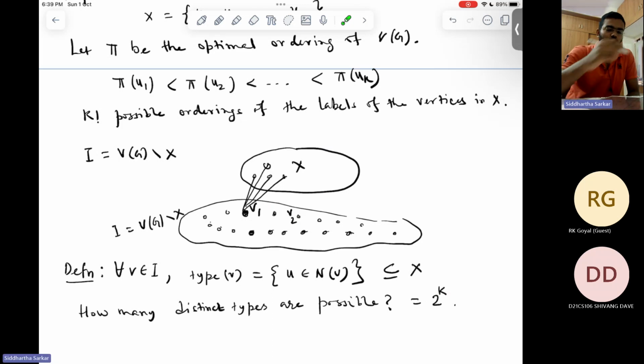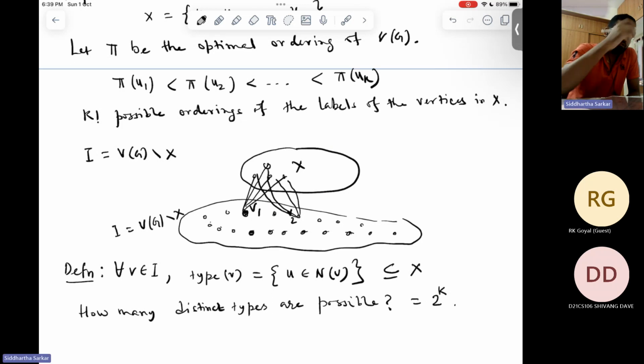Now what are we going to do? If two vertices have the same type, that means they are adjacent to the same set of vertices in X, then we are going to club them together.